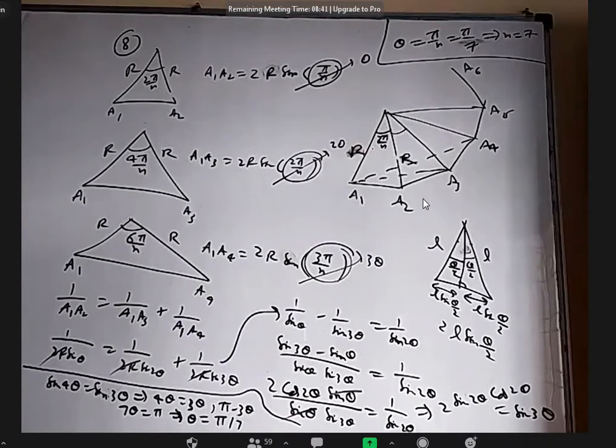If I want to prove this by pure geometry, I don't know how I will prove it. Without using trigonometry, just by using pure geometry, that in a regular heptagon or septagon, 1 by this side is equal to 1 by that side plus 1 by that side. I need to think about it.